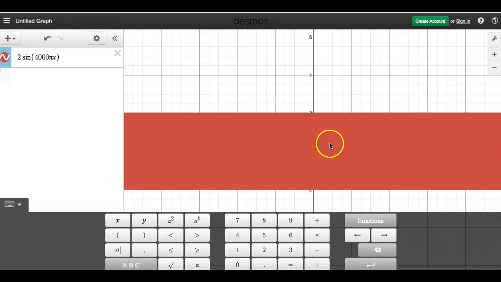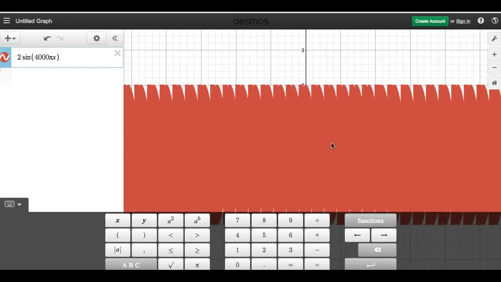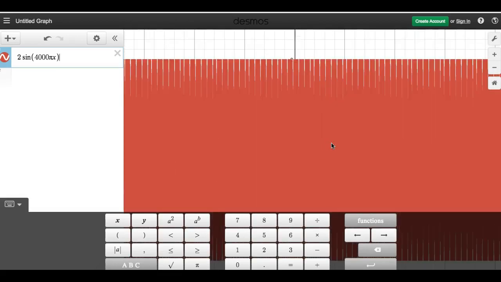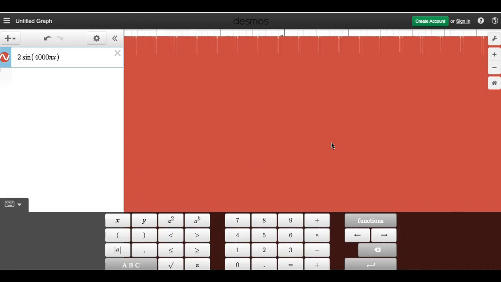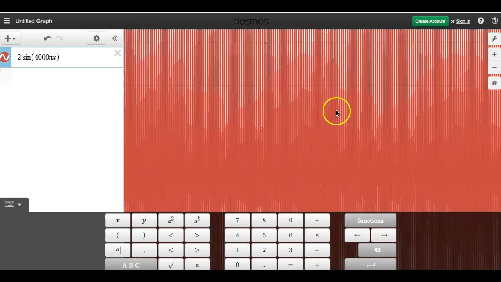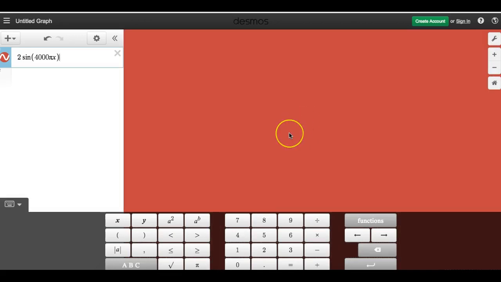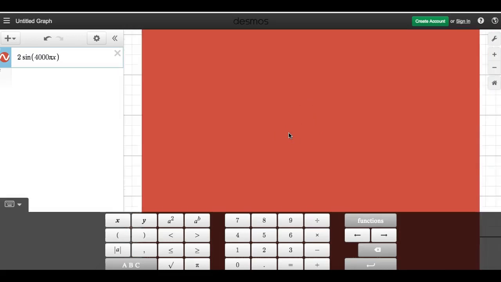And look what we get. This is so compact here. Look how far we have to zoom in to actually get anything. We're zooming in to just fractions.